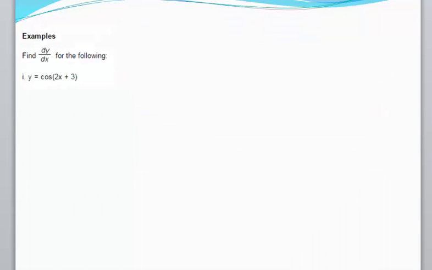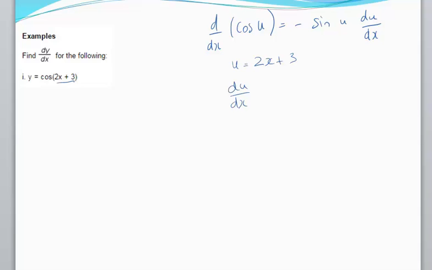So we want to differentiate the following. We're going to start off with our rule: d/dx of cosine of u is equal to negative sine of u du/dx. Here we've got cosine of 2x plus 3, so u is equal to 2x plus 3. du/dx, differentiating with respect to x, will be 2.